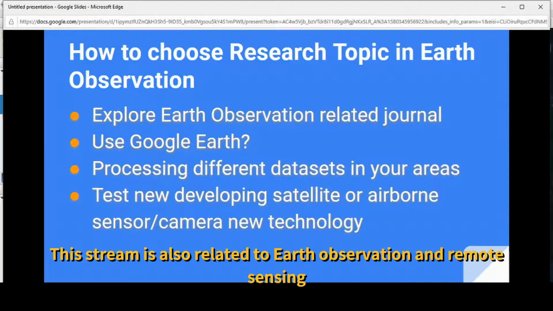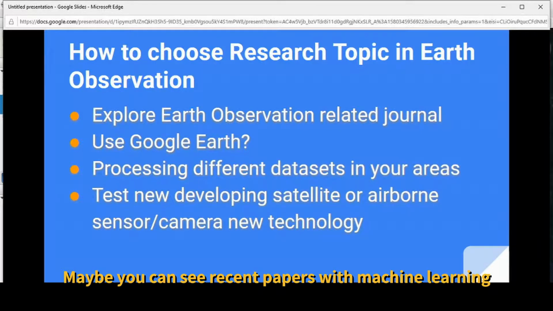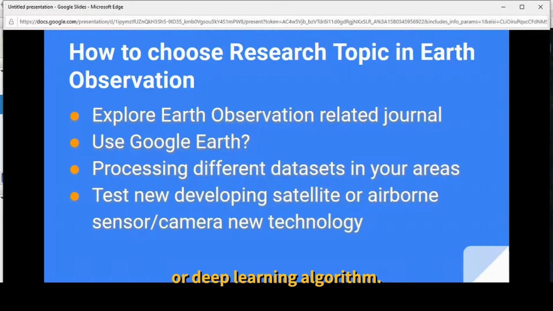So many peer-reviewed journal papers are related to Earth observation and remote sensing. They also publish artificial intelligence related work. So maybe you can see a good new approach using machine learning or deep learning algorithms.